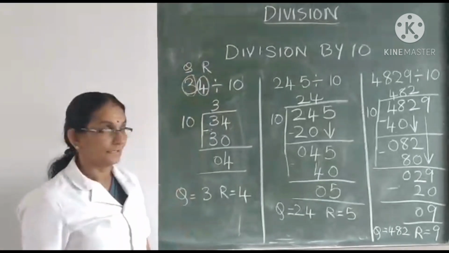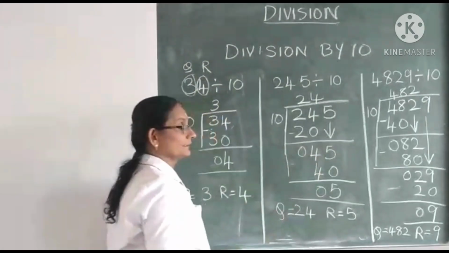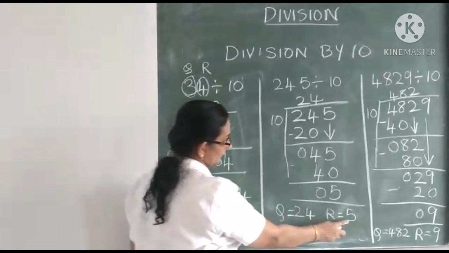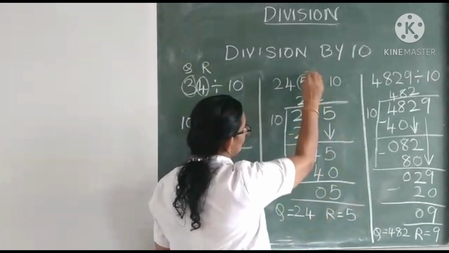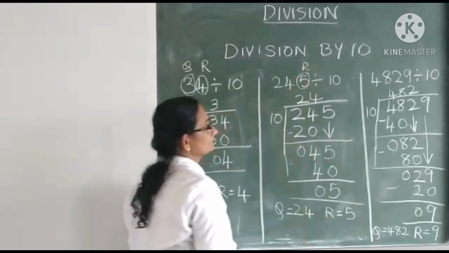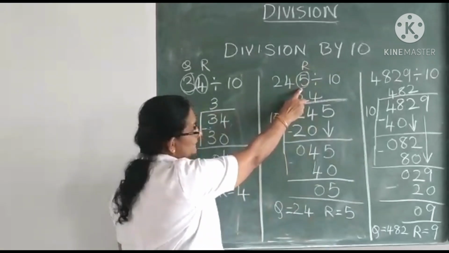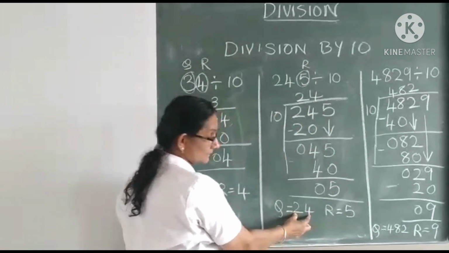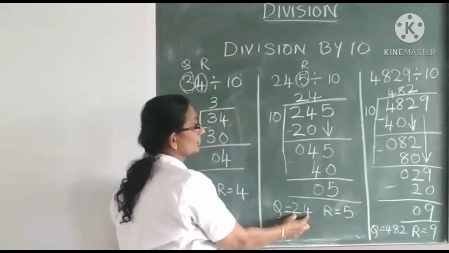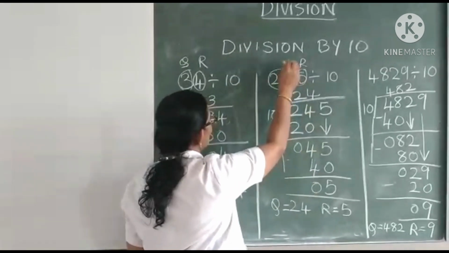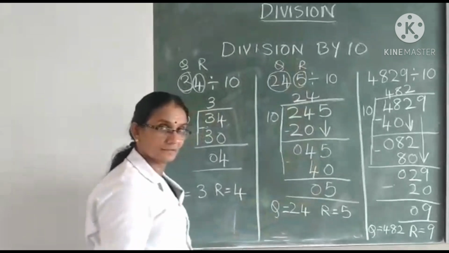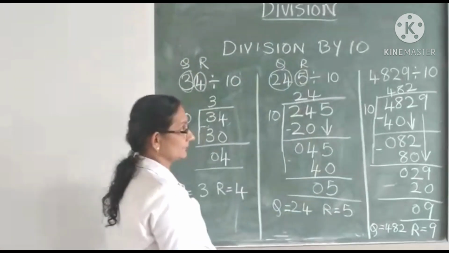Okay? Now let us move to the next division. You see that the last digit 5 is the remainder, that is the digit in the ones place, and the rest of the digits 24 is the quotient.